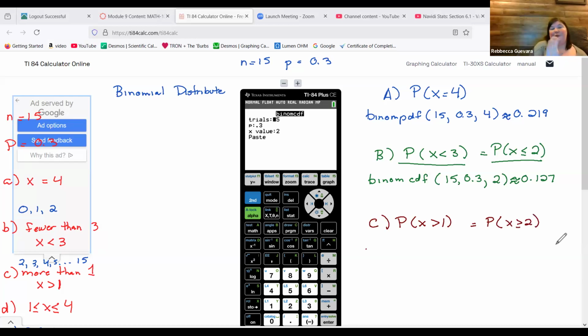But what we figure out here with the binom CDF is that this is always values less than. So another way to look at this is that this would be the same as 1 minus the complement event, which is P of X being 1 or less.